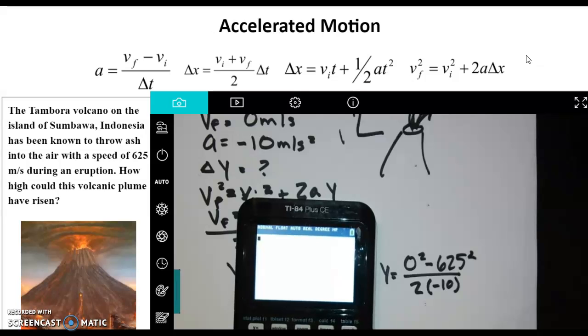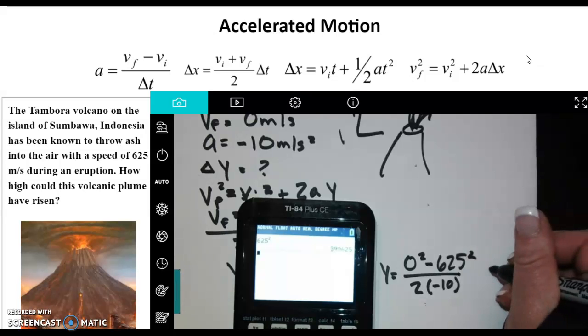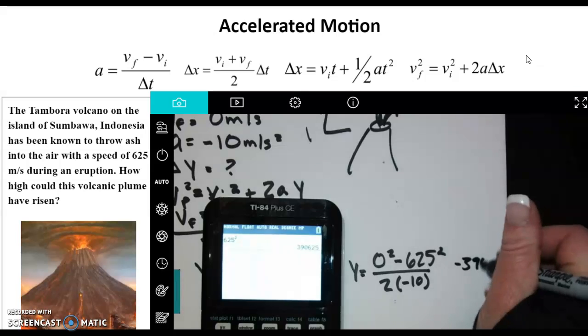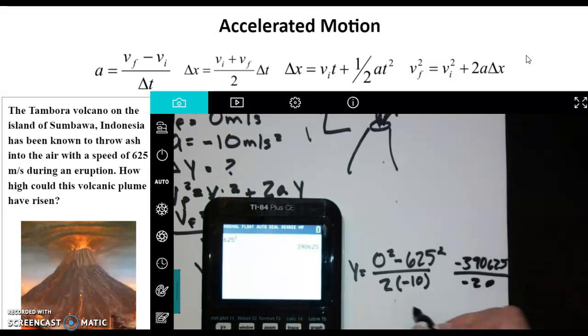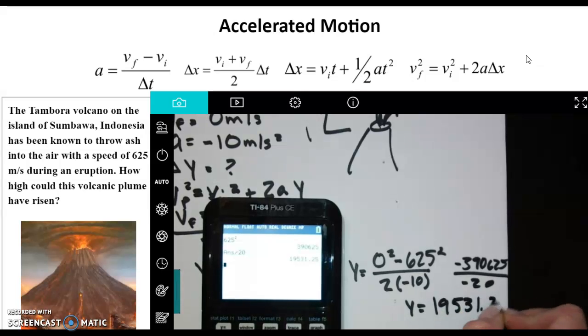So the first part is 625 squared, and that will be in our numerator. So I'll have -390625 divided by 2 times -10, that's -20. That gives us our answer of 19531.25. And that's in meters.